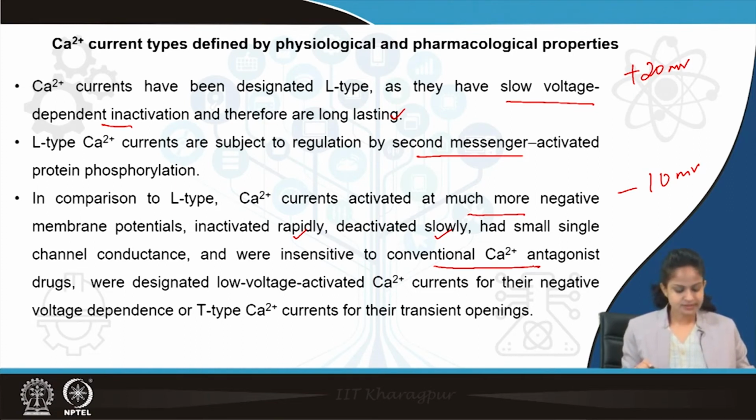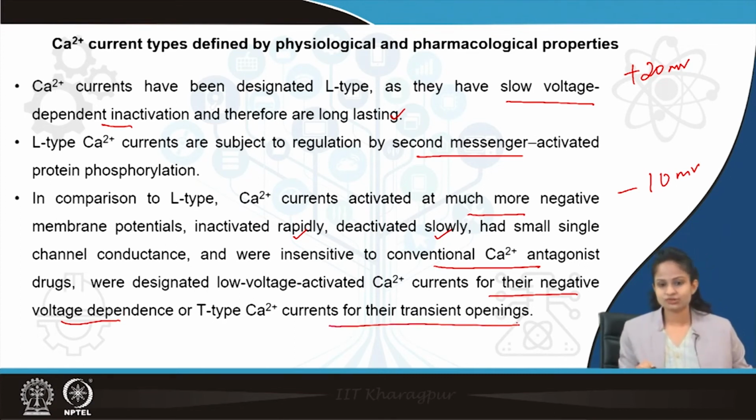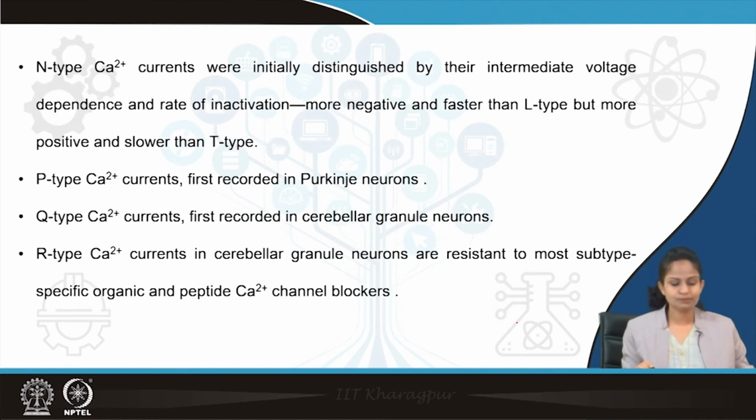So these dihydropyridine receptor blockers act on the L type of calcium channels, but T type of calcium channels do not have any such blockers. Since they depend on the more negative voltage, T type of calcium channels are mainly responsible for the transient opening and short openings.